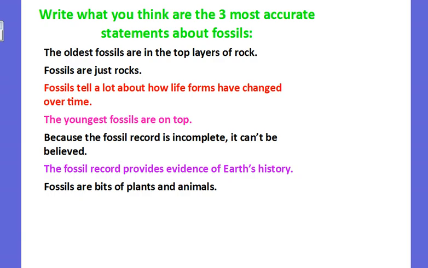So we started out fossil record by looking at a picture, and you were supposed to pick of this list of 7 statements which you thought were the 3 most accurate statements about fossils.